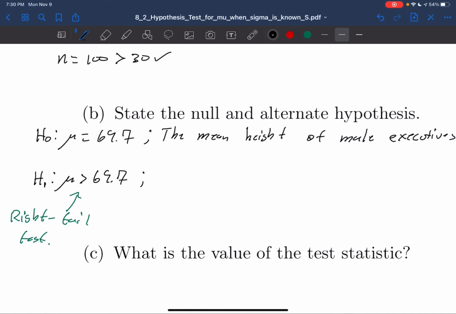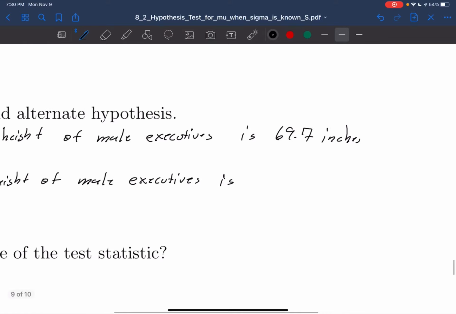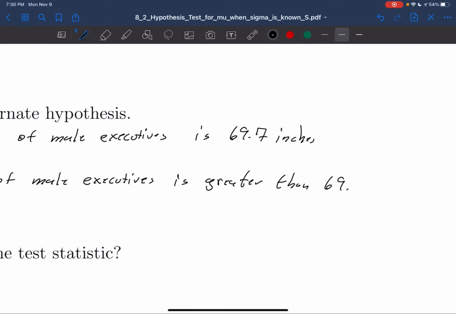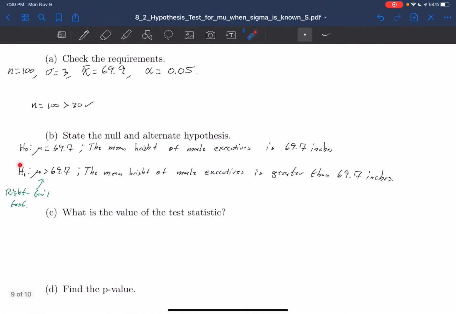But this sociologist is saying that no, the mean height of male executives is greater than 69.7 inches. So this is our null and alternative hypothesis and what they're saying.